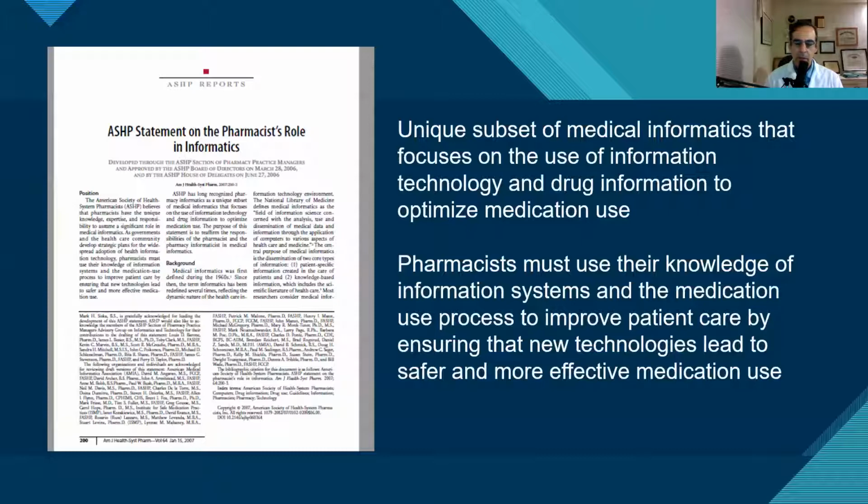And this statement I've said exactly before from this article: pharmacists must use their knowledge of information systems and the medication use process to improve patient care by ensuring that new technologies lead to safer and more effective medication use. This is really a good definition for the role of the pharmacy informaticist.